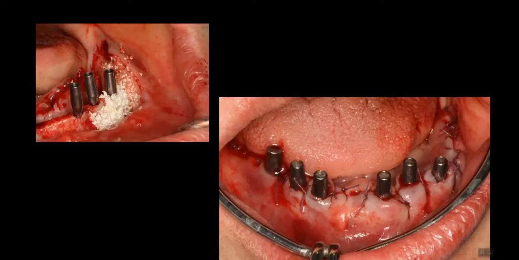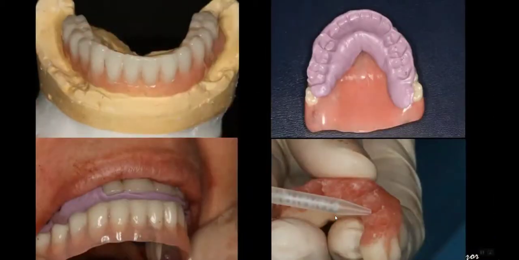So we add some more bone, especially on the buccal aspect, to support the long-term stability, and I usually like to use non-resorbable material just on the superficial aspect of my GBR over there because I want long-term stability.